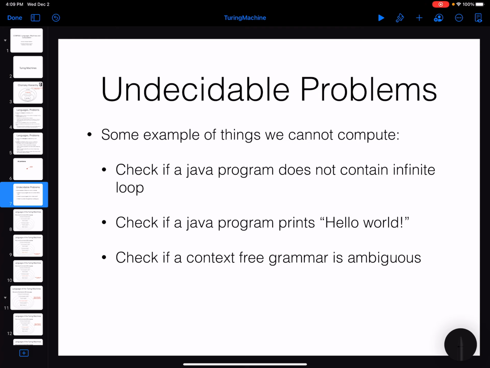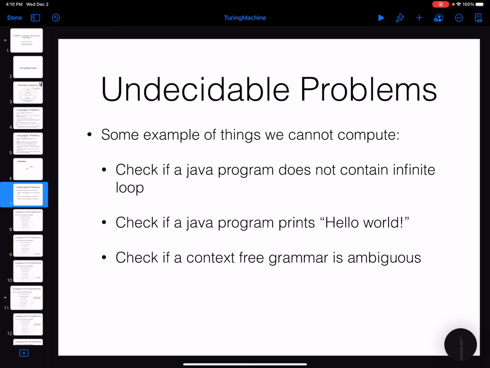It might be a little bit confusing, and you might at first think that, okay, this is not hard. You can write a program to check if a given Java program will print hello world or not. But the intuition is that you should think about it in this way, that your program should be able to check any given Java program, whether it will print the phrase hello world or not.